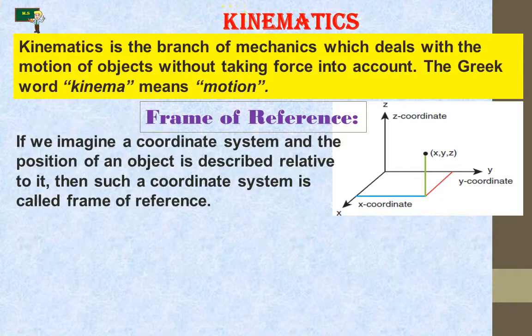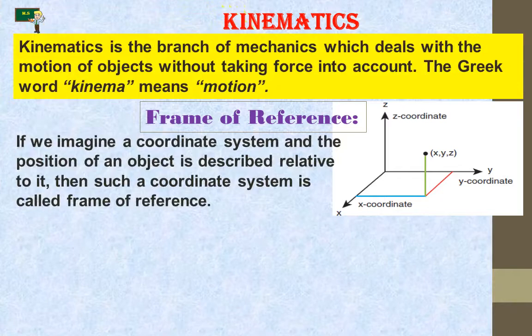What do you mean by frame of reference? I think you all know about the frame. When you take a photo and put it in a frame, you can see the particular picture is inside a frame. That is also referred to here. If we imagine a coordinate system and the position of an object is described relative to it, then such a coordinate system is called a frame of reference.